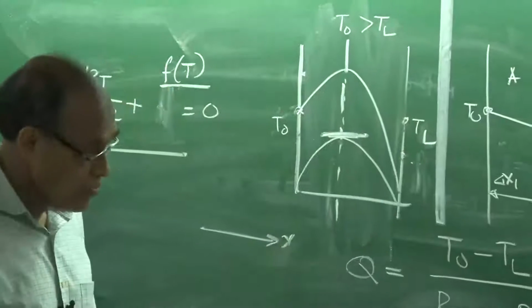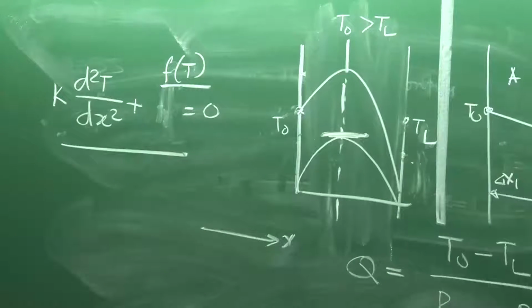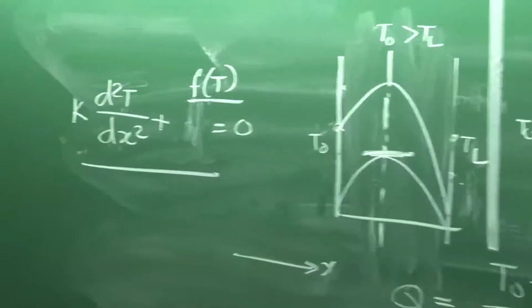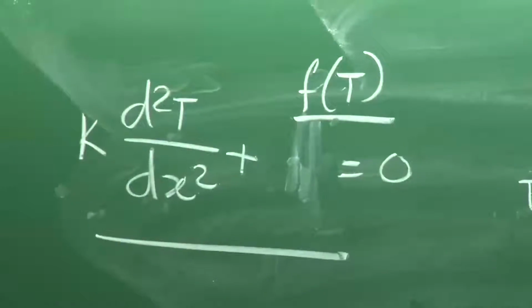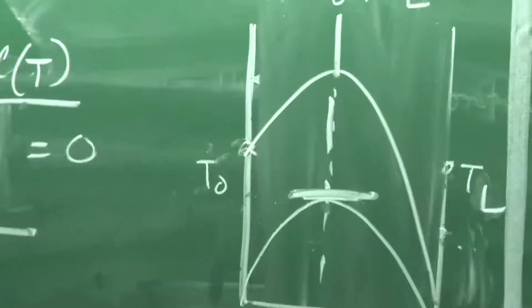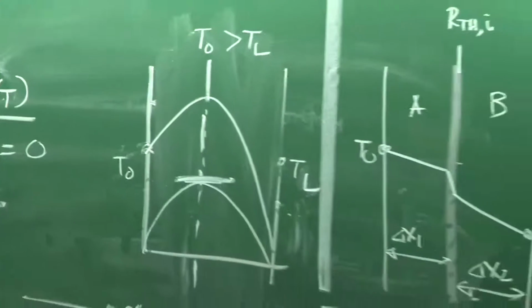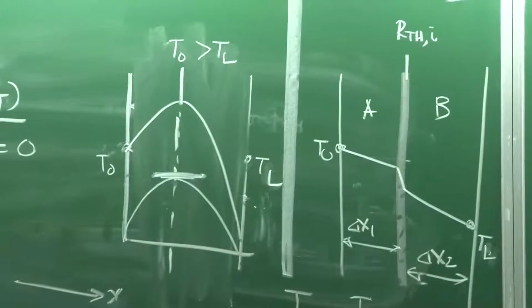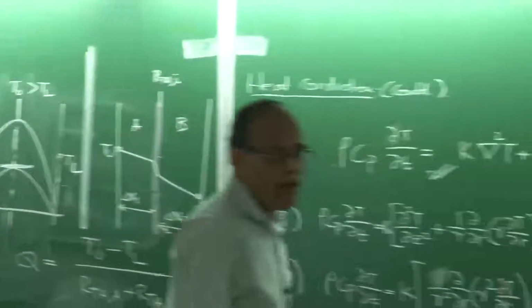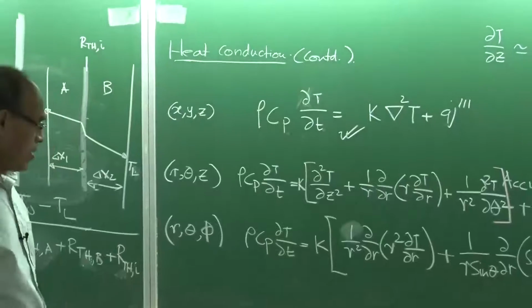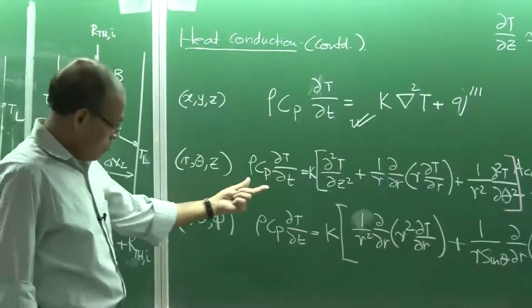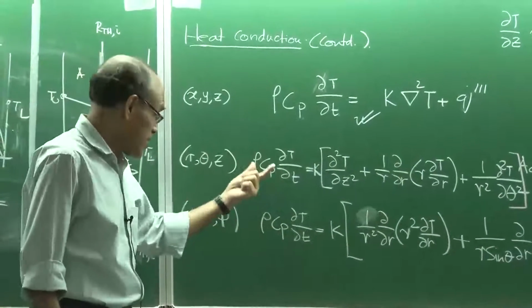Let us now go to the cylindrical coordinate system and discuss a little bit. In the cylindrical coordinate, if we apply the same simplification philosophy, it is a steady state problem.